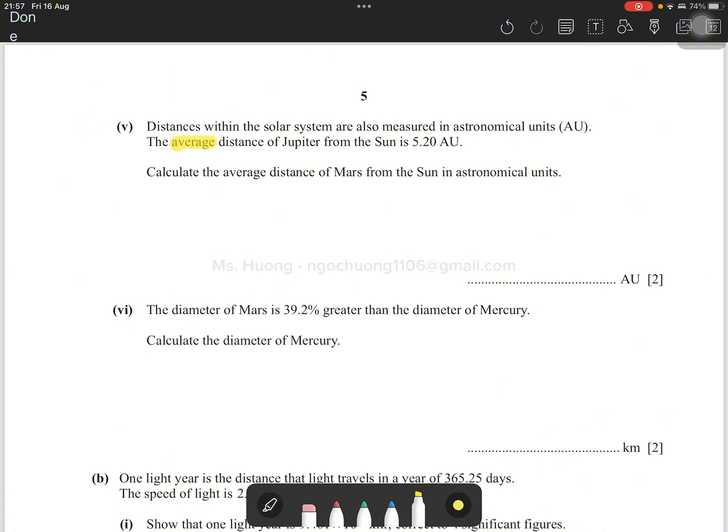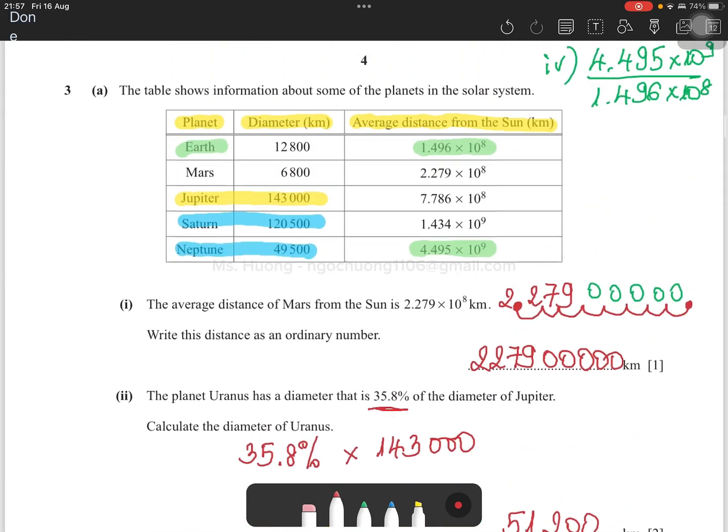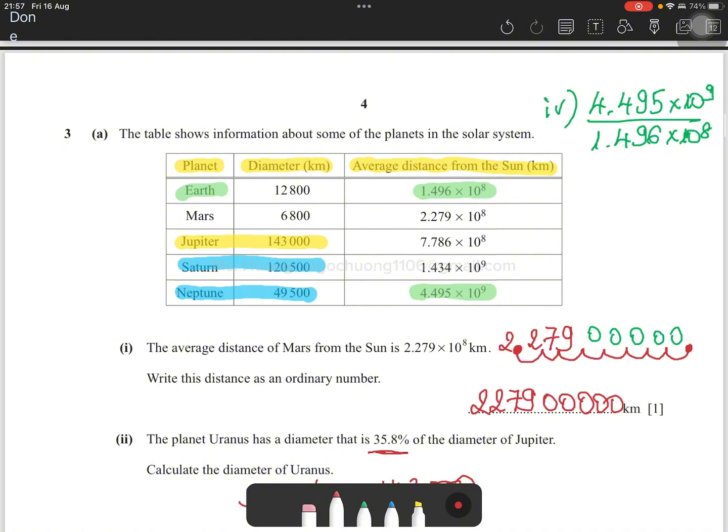So we are talking about the average distance of Jupiter, 5.20 AU, and we need to find the average distance of Mars. So in this case, we compare Jupiter and Mars. Let's check it. Average distance, Jupiter, this one, and Mars, this one.